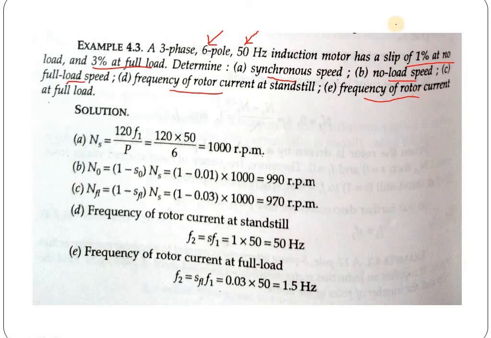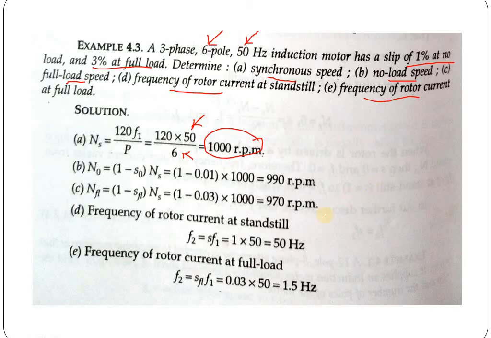So our first solution, we have to determine the synchronous speed. We know the formula of synchronous speed, that is 120 F by P. So F is given as 50 Hz and P is 6. So our synchronous speed is 1000 RPM. Now the second question is no load speed. At no load our slip is 1%.